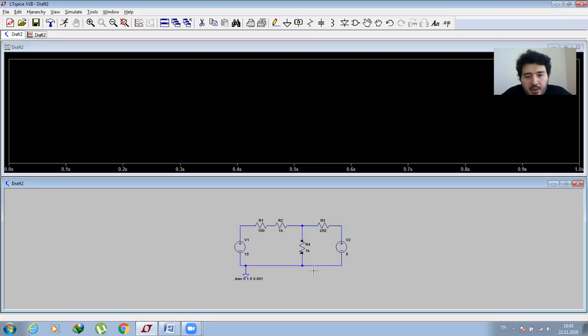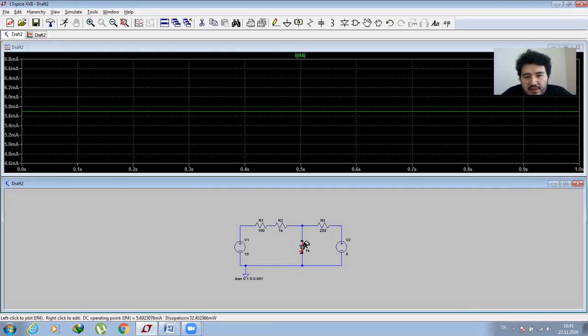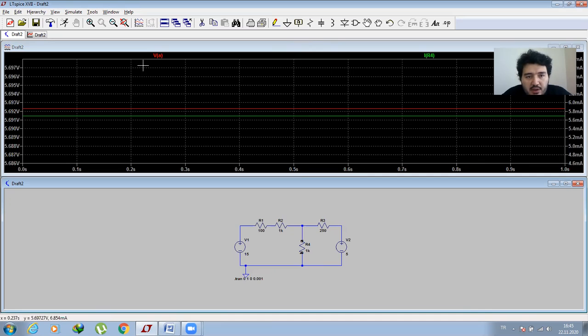Okay. So this is the current flowing through my load resistor, and this is the voltage, the red one. Also, I'm taking my notes for these current and voltage values. The voltage is 5.69 and the current is 5.7 milliamp.